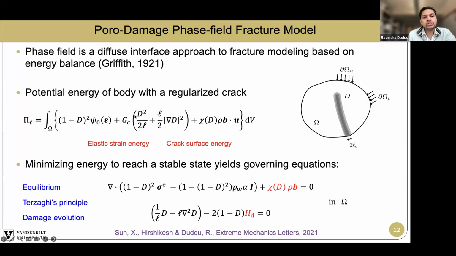And then you write the energy contributions of the bulk solid due to the elastic strain energy, but now you modify them with D, which is the phase field or damage variable. You also write this crack surface energy, which is the second term, related to the region where the crack is diffused.